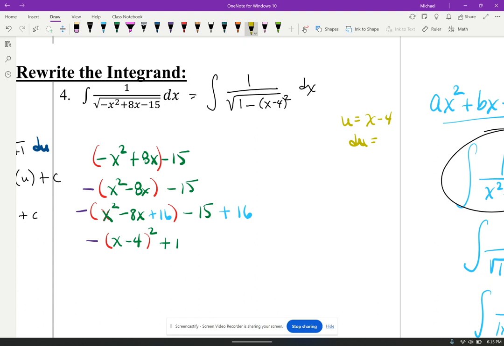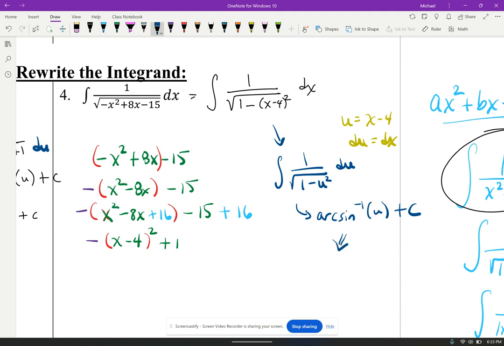That means du is going to be dx, and this, my good people, is going to transform into the integral of 1 over the square root of 1 minus u squared du, and this is the antiderivative of arc sine plus c.